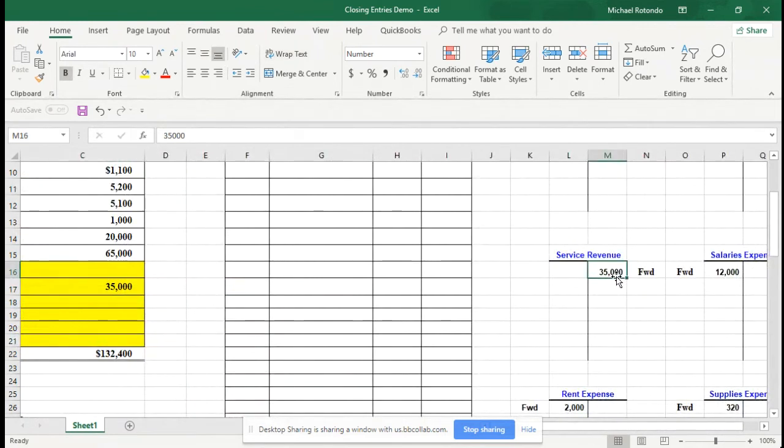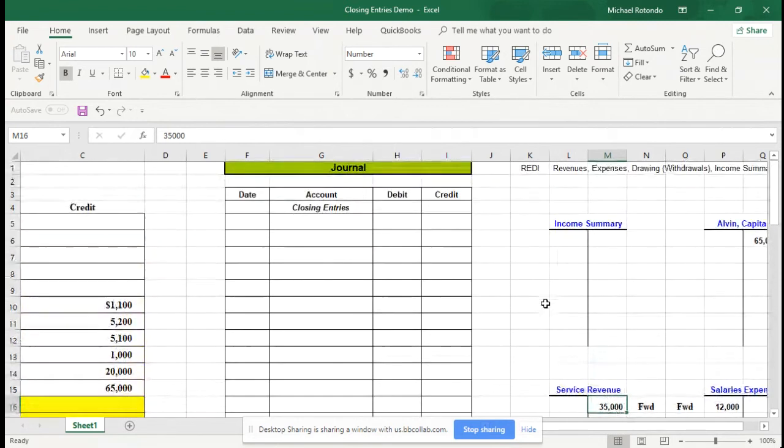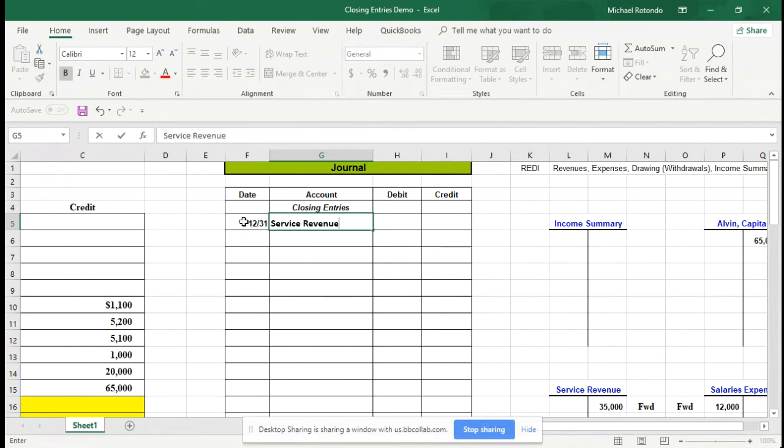It has a credit balance. So in order to close it or to make it zero, we have to debit service revenue. So we're going to do this at the end of the period. We're going to debit service revenue $35,000, and we're going to credit the income summary.